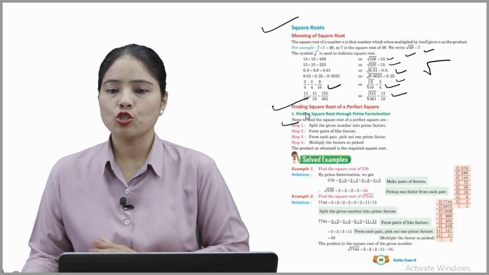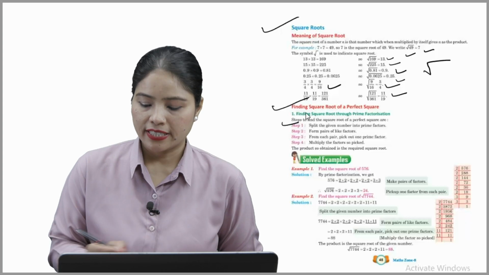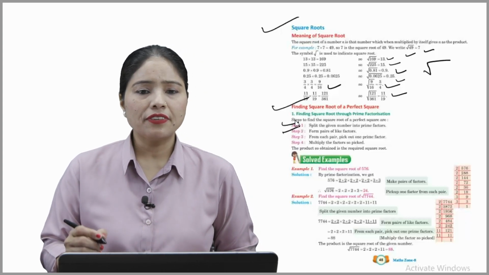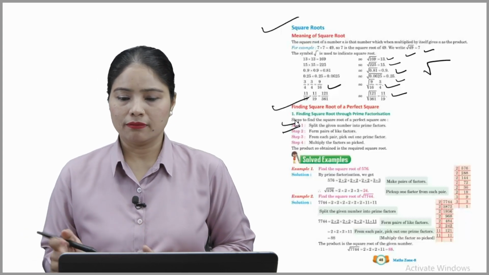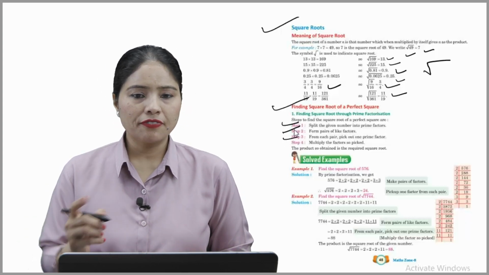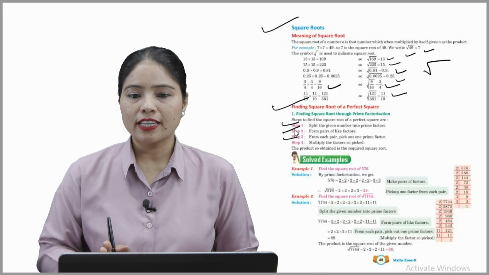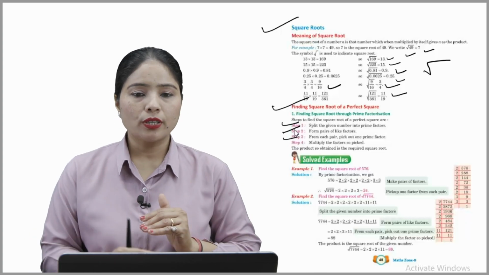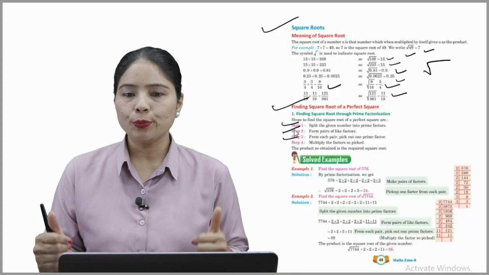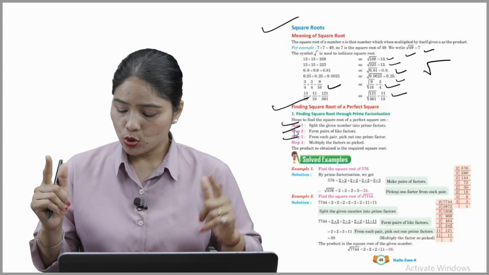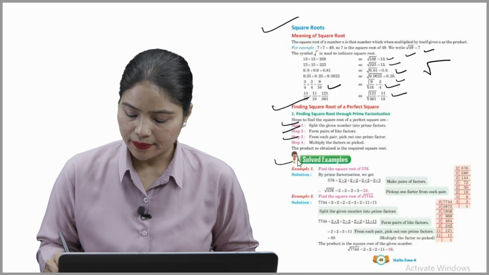After that, from each pair pick out one prime number, and then multiply the factors so picked. The product so obtained is the required square root. I hope you understood well. So now let's solve examples for more clarity.